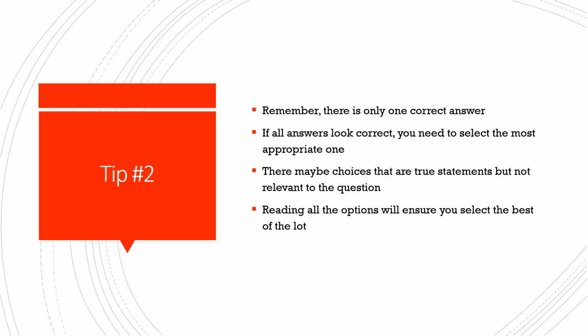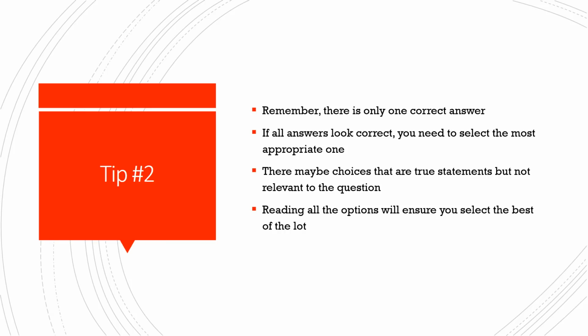If you find a question, and you read option number one and you feel option number one is the correct answer and you select it, but then if you read option number two, you may realize that it seems correct too. Come to option three, it seems correct too. And option number four is also correct.